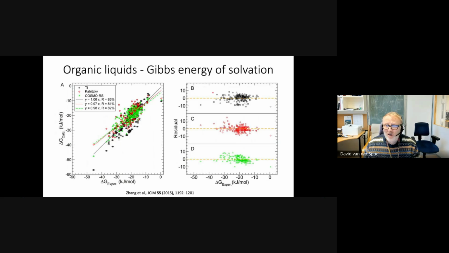The black dots above here are from force field calculations, and you see they are quite noisy with large RMSD. The red and the green are empirical models. This is completely empirical, and this, COSMO, is based on some form of quantum chemistry. But you see that they are all of similar quality. So not great.